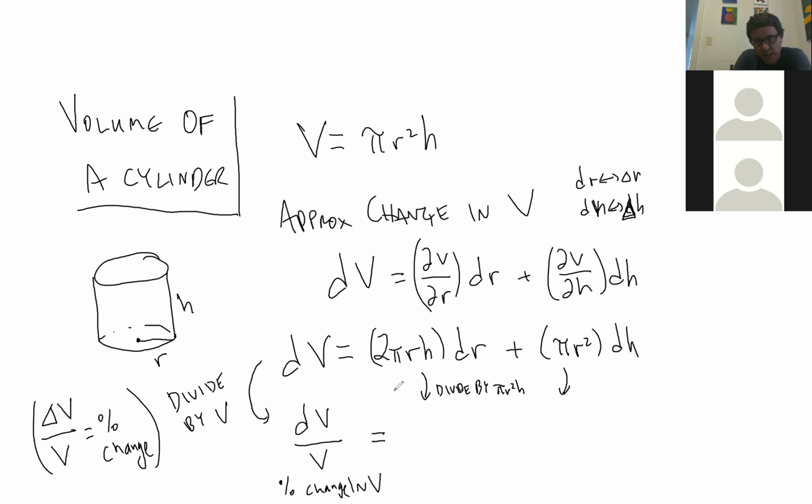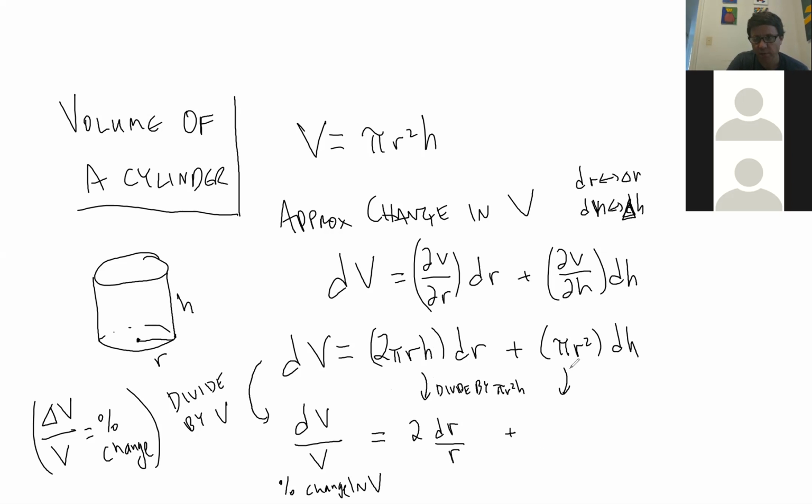So the pi's will cancel. One of the r's will cancel, and I'll end up getting 2, and I'll have an r in the denominator, but the h's will cancel. So I will get 2, and I'm actually going to write it like this. I'm going to combine these things here, so it'll be 2 dr over r. And we'll talk about that in a second.